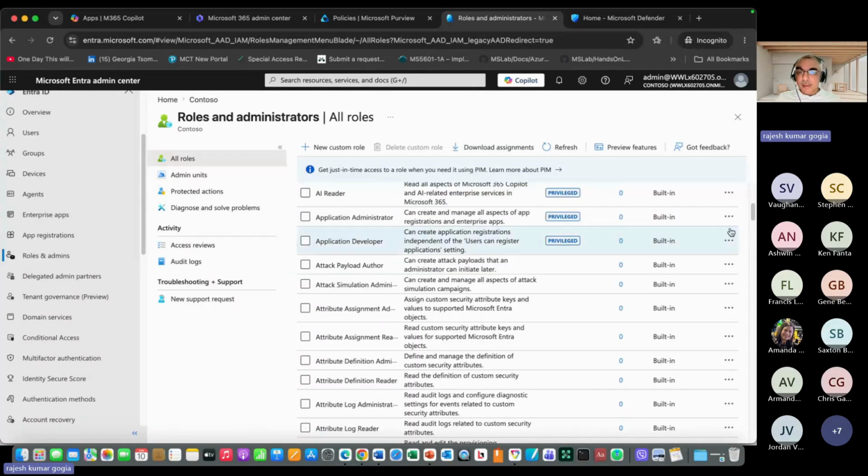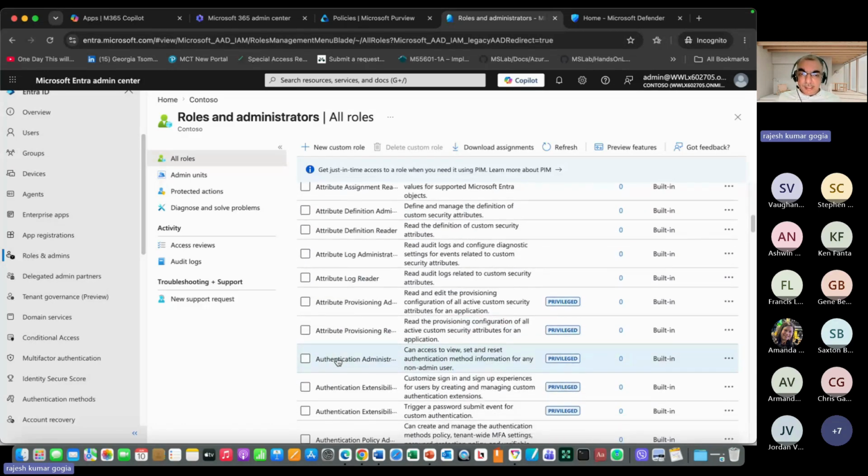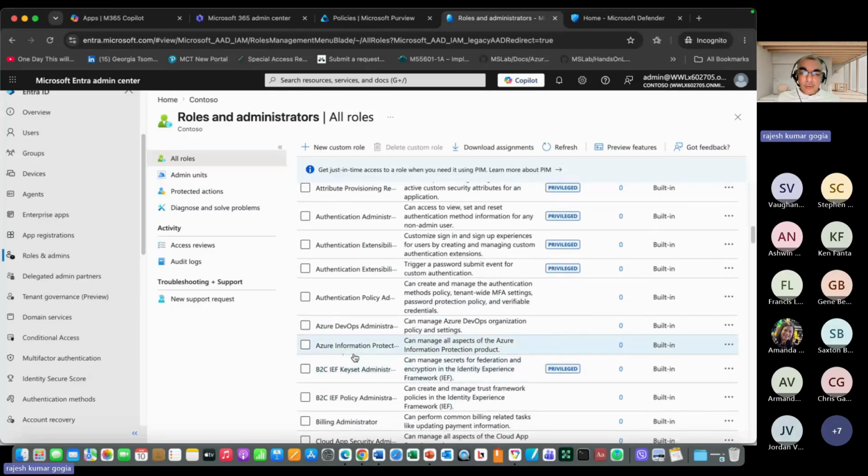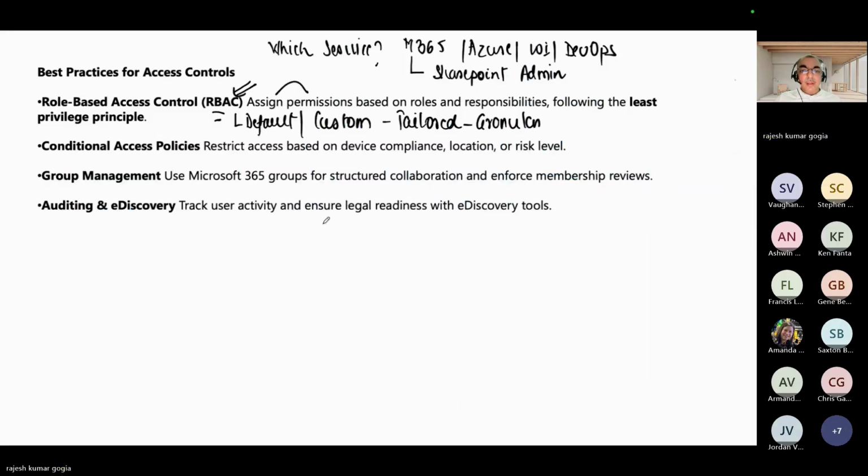You've got an application admin, a hybrid admin, a global admin. It's a big list. So we have to be very specific about which service, what role, what access has to be given. So depending on whether you want to stick with the default roles, or go with a custom, tailored or granular one.